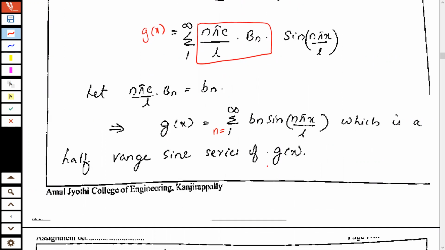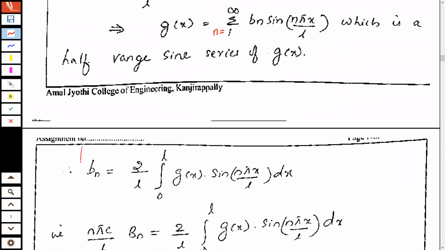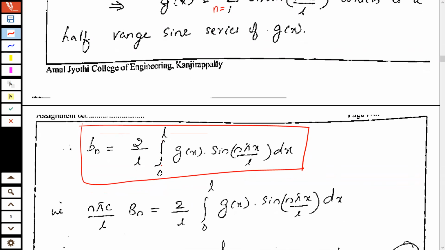Then small bn can be evaluated by the formula 2 by L into integral 0 to L g of x into sin n pi x by L dx.